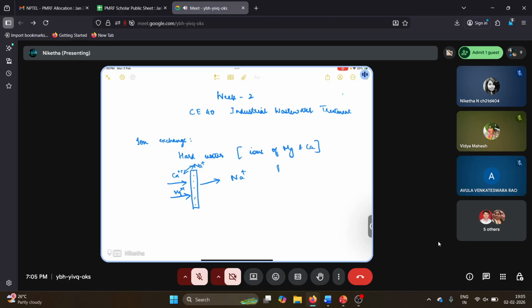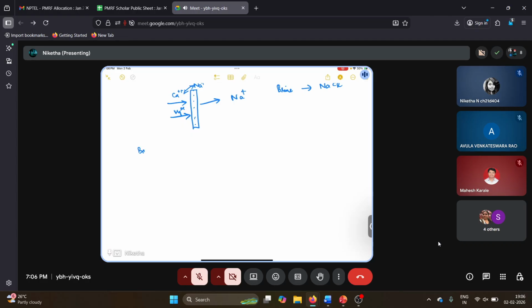Brine usually means a concentrated solution of sodium chloride. The sodium in the brine solution will again come back to the membrane in this regeneration process. This is done in batch as well as continuous mode.